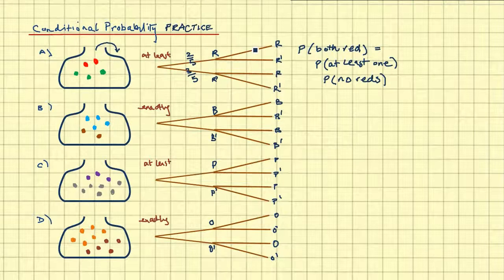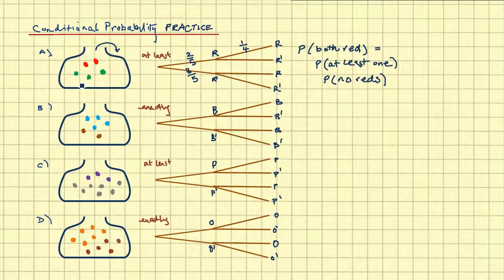So what's the probability of picking red again? Well, it can only be 1 out of 4, because 1 of the reds has gone. So we've only got this one, this one, this one, and this one. So it's 1 out of 4, or 1/4. So the probability of not picking red now?